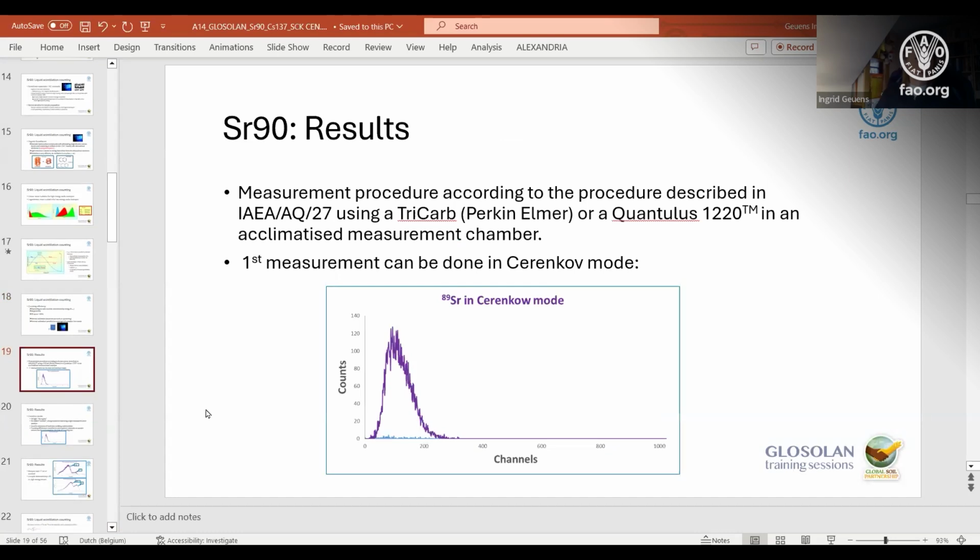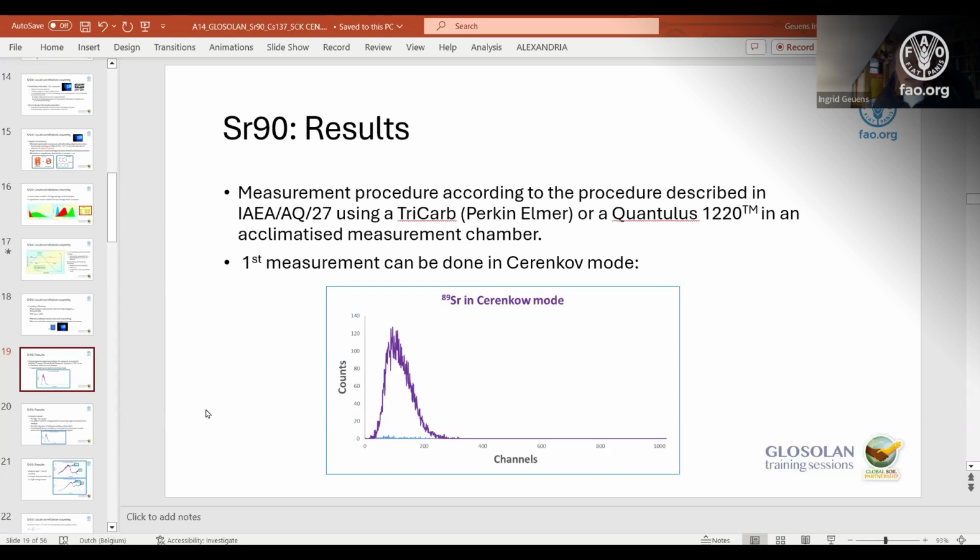Now we come to the results. So we had the sample preparation and some explanation about how liquid scintillation counting works. We measure according to a specific procedure. It's also described in an IAEA procedure.